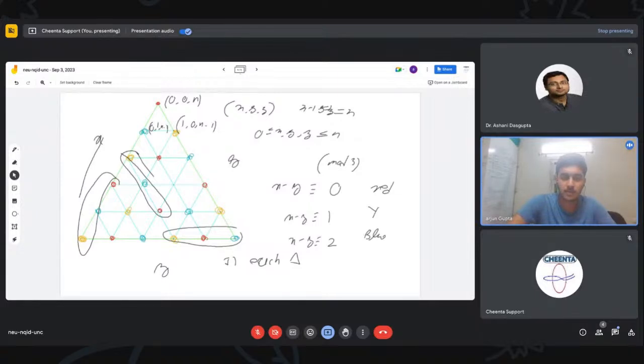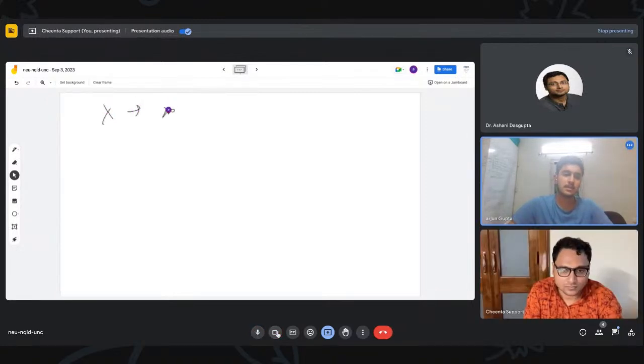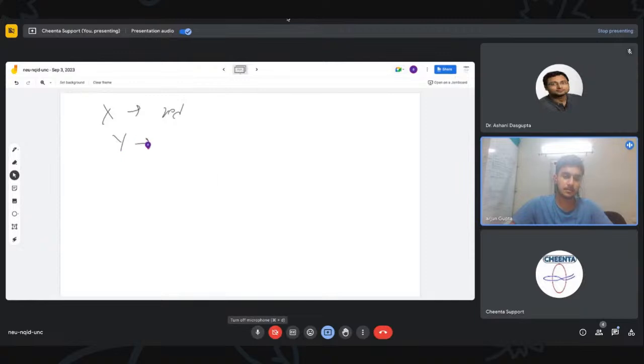Now I go on to Jamboard 7. Let x denote the number of them which are red, let y be the number of them which are blue, and z be the number of them which are yellow.